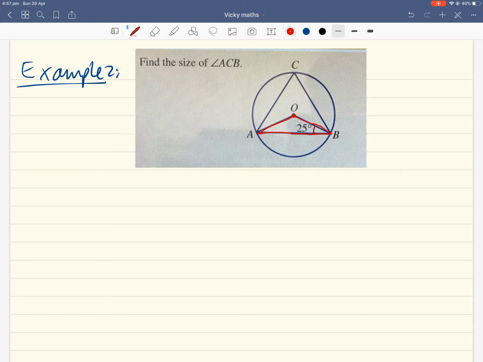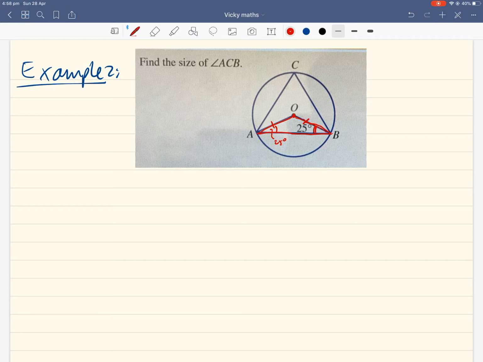So remember, a line that joins the edge of a circle to the center of a circle is a radius, and all radii must have the same length. So in other words, this side length must be the same as that side length there. Which means that if you have a triangle with two side lengths which are equal, it's an isosceles triangle. If it's an isosceles triangle, then this corner angle must be the same as that corner angle. So this must be 25 degrees also.